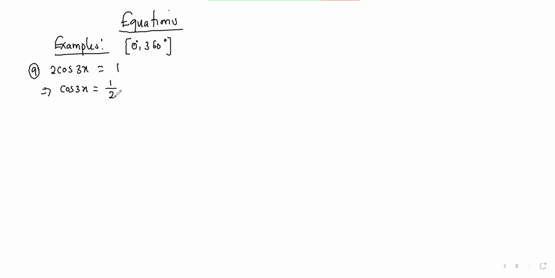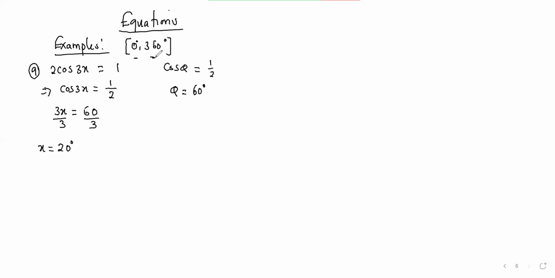Now, we know that cos theta is equal to 1 over 2 when theta is 60. This means that 3x should be equal to 60. So when we divide by 3, we'll get x to be 20. Now we're looking for all the angles from 0 to 3.